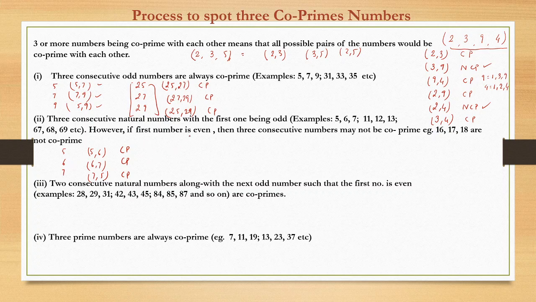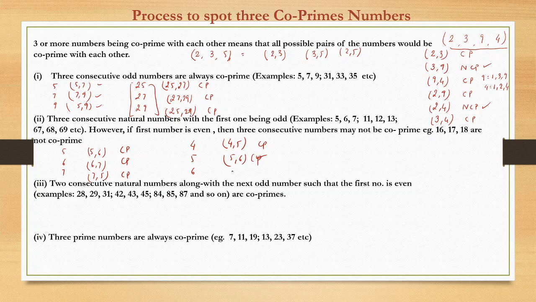But had we taken some other number, say one that did not start with odd but started with an even number, say 4, the three consecutive natural numbers are 4, 5, 6. Let us check 4 comma 5, this is co-prime. 5 comma 6, this is also co-prime because HCF is 1.